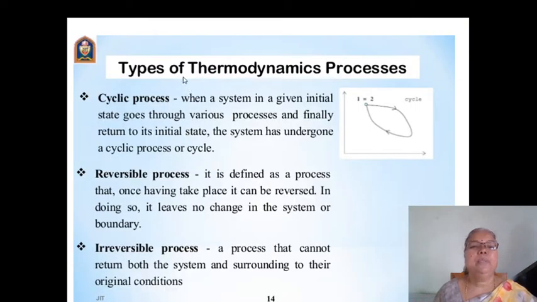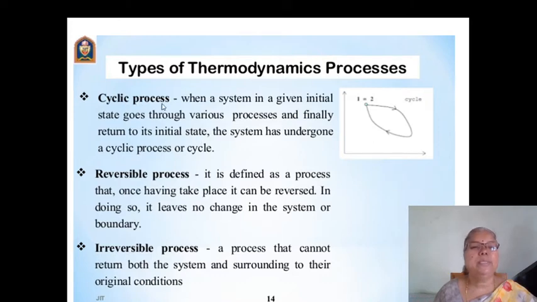Then the thermodynamic processes. A process is an operation, and by performing that operation, the state of a system changes. Depending on that we have the cyclic process, in which after performing different steps or cycles, we retain the initial state as it is.